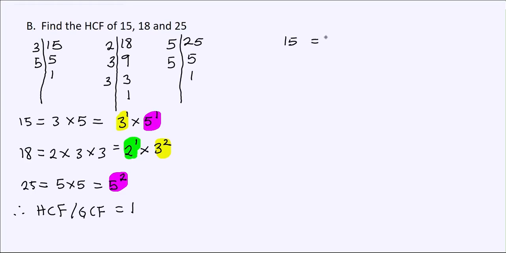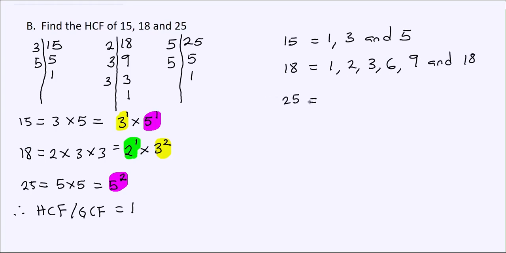So factors of 15 will have 1, 3, and 5. 18 we have 1, 2, 3, 6, 9, and 18. While for 25, factors of 25 are 1, 5, and 25.